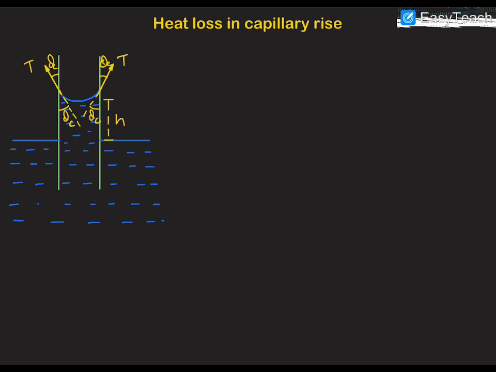If we talk about the work done by surface tension, we know that the surface tension force will be acting in this direction. The component of the surface tension force which will lift up the liquid is F cos theta.